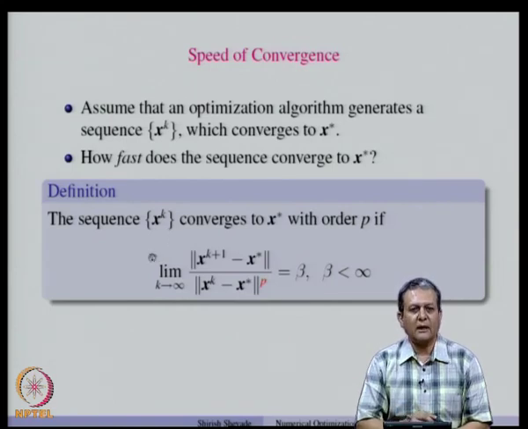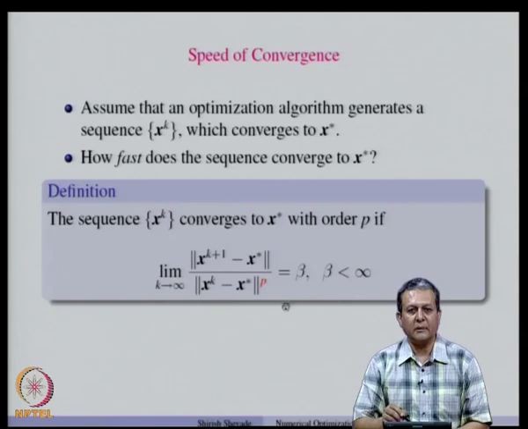So, the sequence x k which converges to x star is said to converge to x star with order p if you take the ratio of norm of x k plus 1 minus x star and norm of x k minus x star to the power p, and if that is equal to beta as k tends to infinity, where beta is a finite positive constant.